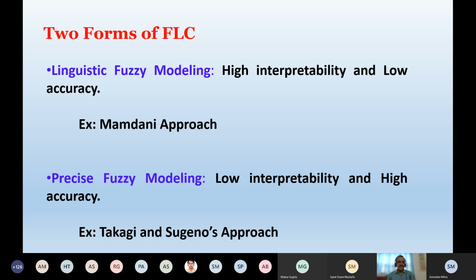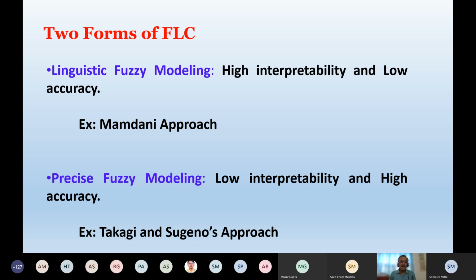Now, another classification is precise fuzzy modeling. This is actually supported by low interpretability but high accuracy. And you know the meaning of interpretability. Low interpretability means that in this particular approach, if I just read out one rule, no control action will enter my head.